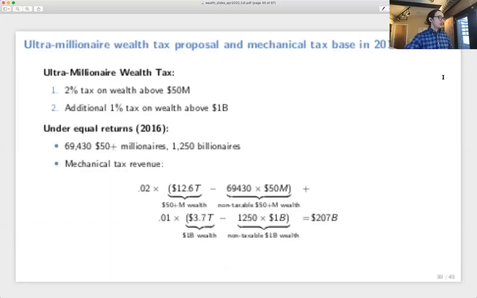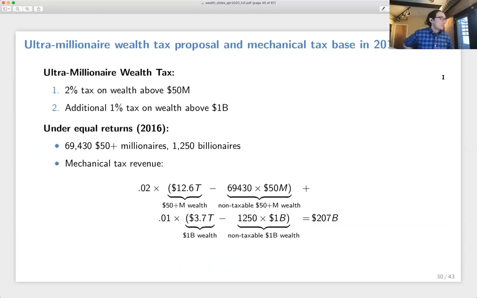Okay, let me move to the wealth tax. So here I'm going to show the effect of our estimates on the mechanical tax base from an ultra-millionaire wealth tax. This is a 2% tax on wealth above $50 million, with an additional 1% tax on wealth above $1 billion. Under equal returns, there are going to be 70,000 50-plus millionaires and 1,200 billionaires.